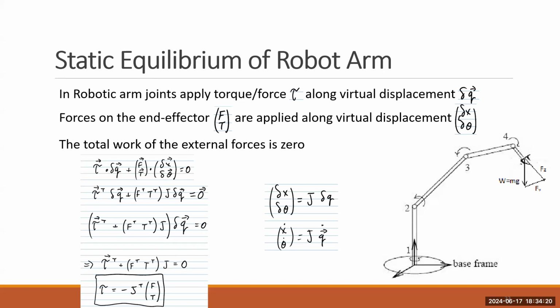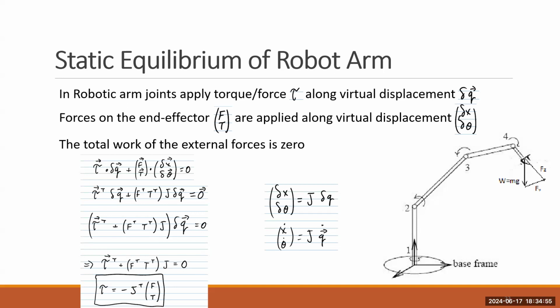In order for the whole system to be in an equilibrium, so the forces and torques sum up to zero and the system won't move, we need all of this to be zero. This is the condition of the principle of virtual work. This is the condition for the system to be in an equilibrium.